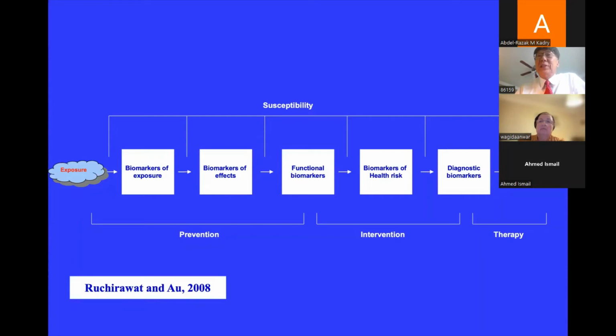Now, these are late stages that are diagnostic, and the identification of these biomarkers is useful for therapy. But that will be very late because disease has already developed. Identifying these biomarkers is good for intervention, to prevent the disease, right? The earlier stages are early risk, population risk, right?